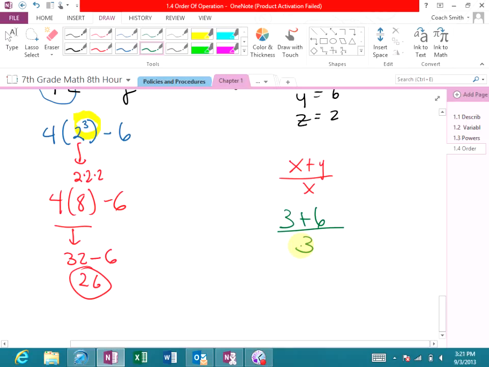So the fraction bar basically tells us to do the top part first, which is 9. Then over 3. That means we have to divide 3 into 9. Once again, remember the bottom number's on the outside of the division bracket, 9's on the inside. And so that gives us 3.